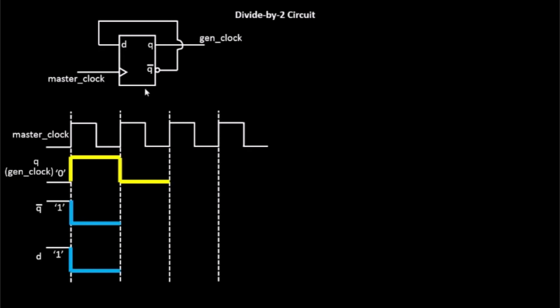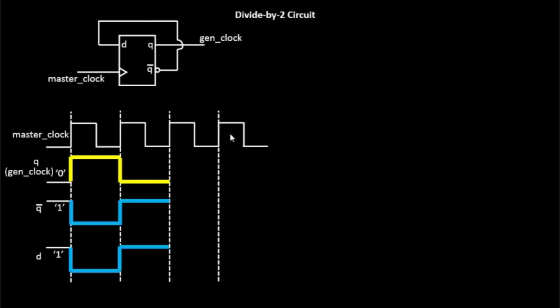So D gets pushed to Q. Since Q bar is the reverse of Q, it will rise from logic 0 to logic 1, and similarly, since Q bar is being fed to D, D will rise from logic 0 to logic 1.